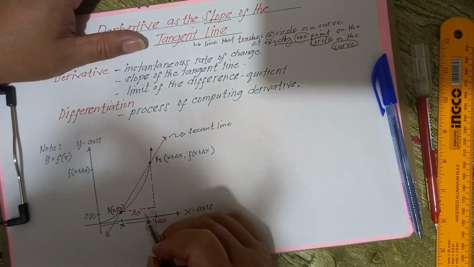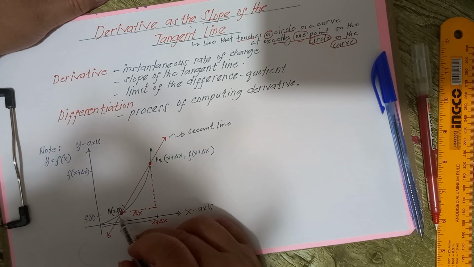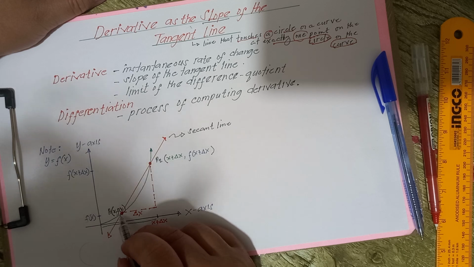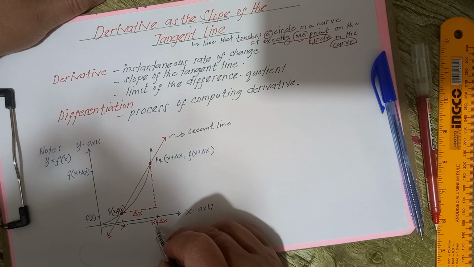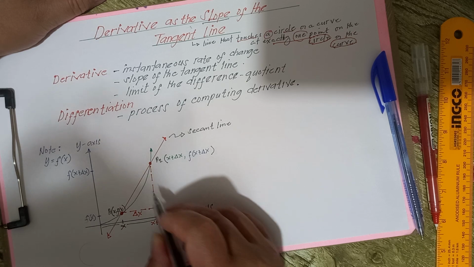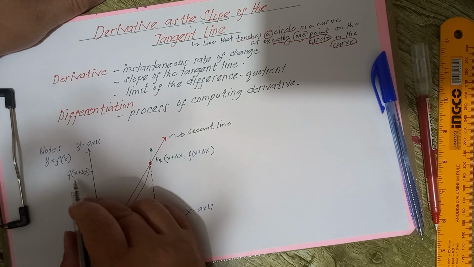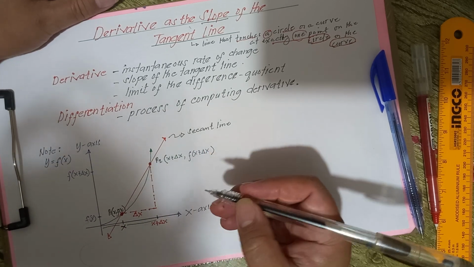Again, my point 1 is defined to be x and f of x, which is this one. Point 2 is x plus change of x and f of x plus change of x.